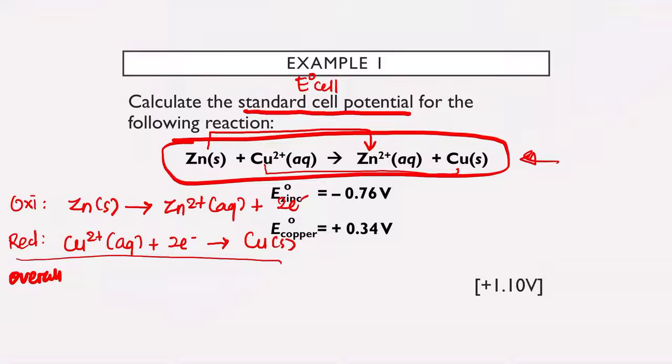Alright. Okay. So now that we know that zinc is the one that is undergoing oxidation, right? So that means that E not zinc ni, this will be your E not anode. Okay?